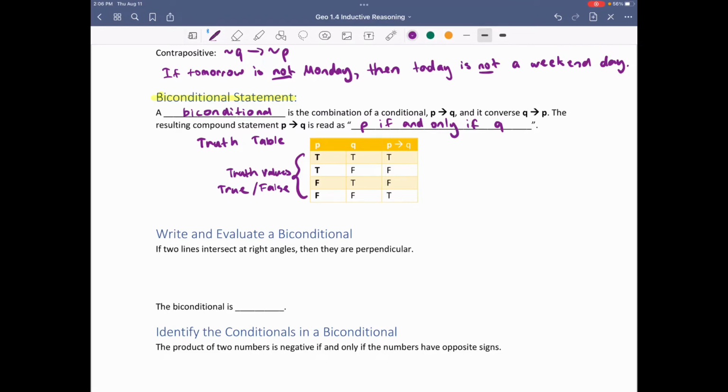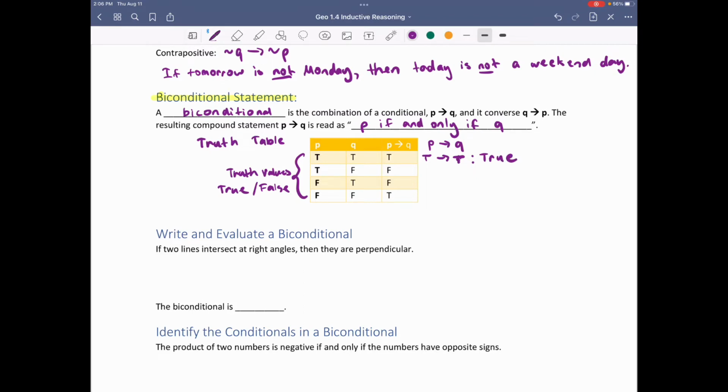So the way that we can read this is P if and only if Q. So when P is true and Q is also true, then this would mean that our biconditional statement is true overall.